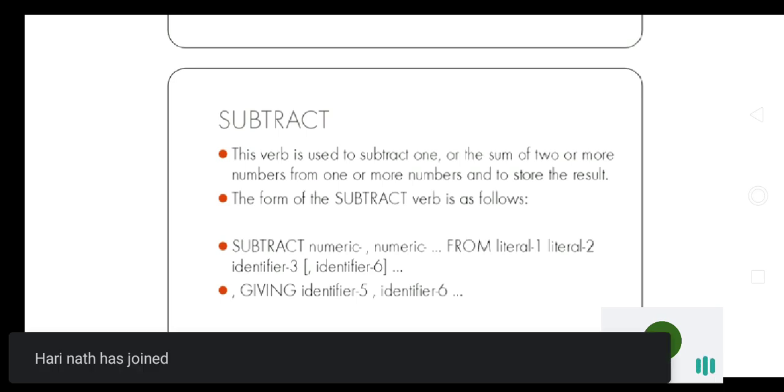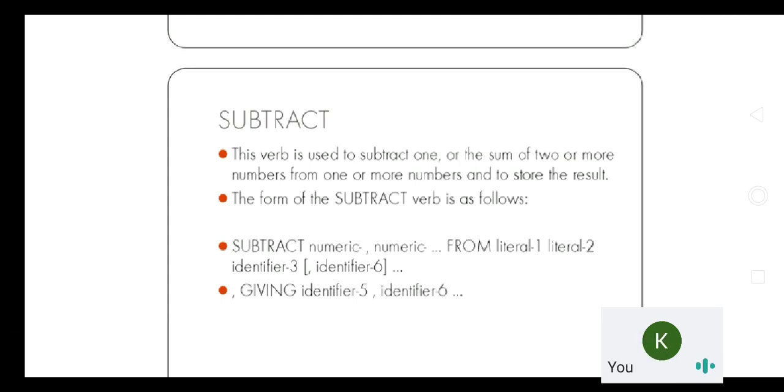The value of A is 8, B is 2 and C is 6. Now I add the values of B and C, so 2 plus 6 gives 8. The value of A is 8, so 8 minus 8, and the resultant value will be 0. That's what they mention in the first line: we subtract one or the sum of two or more numbers from one or more numbers, to store the results.